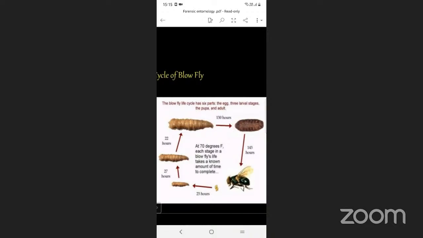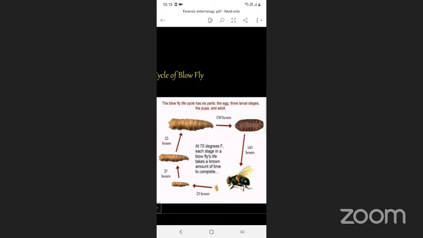And then after completion of these 3 maggot stages, they will develop into pupa. And again the pupa enclosure ruptures and the adult will emerge. So we see 3 stages of larval maggots, and the pupa and the adult.